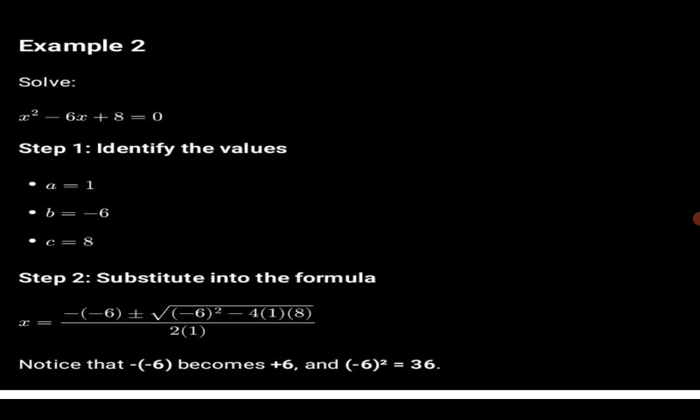And the minus 6 squared, this one in brackets here, is going to give us 36. Alright, once again, don't simplify this one for now. We are just learning how to substitute the values correctly.